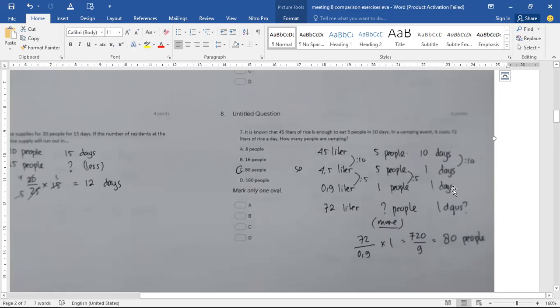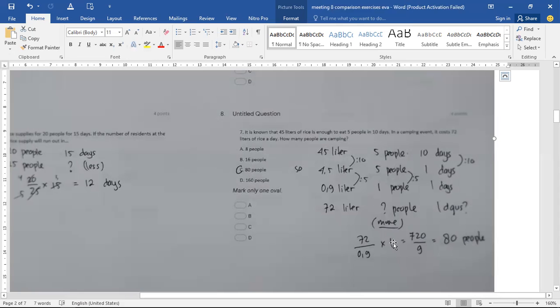Then we will compare from the equation. If we have 72 liters, how many people in 1 day? We can compare here. If 72 liter, it means we need more than 1 person, right? So 72 per 0.9 times 1.